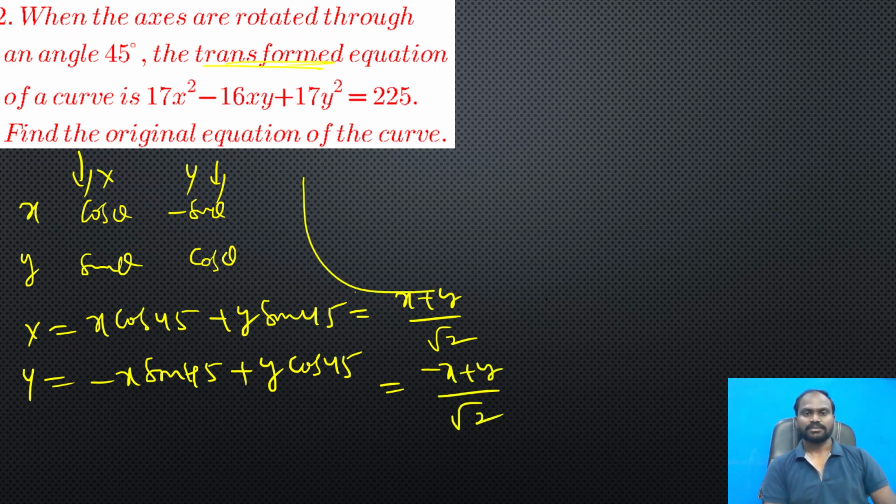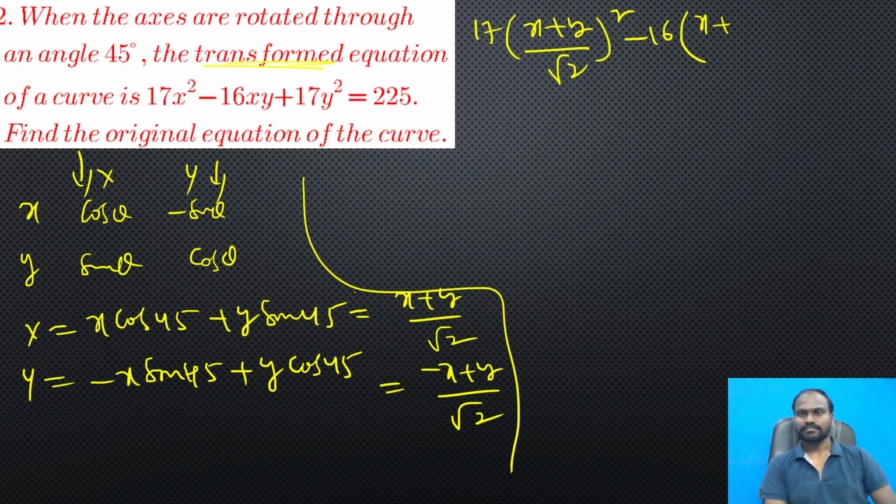Yeah. So simply substitute that in the given equation. So 17. So x plus y by √2 whole square minus 16 into x plus y by √2 minus x plus y by √2 plus 17y square.